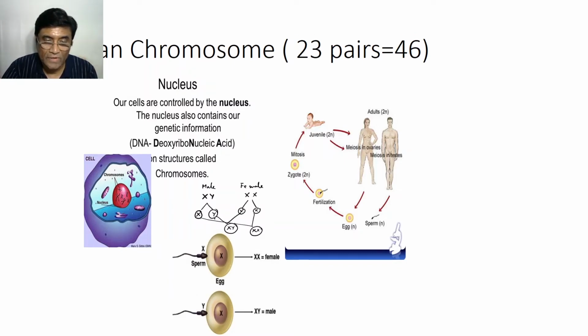So it is because of this guy that male or female is determined. If X sperm fertilizes X, it will be female. If Y sperm fertilizes X, it will be male. So nobody else should be blamed. Who should be blamed? This guy.